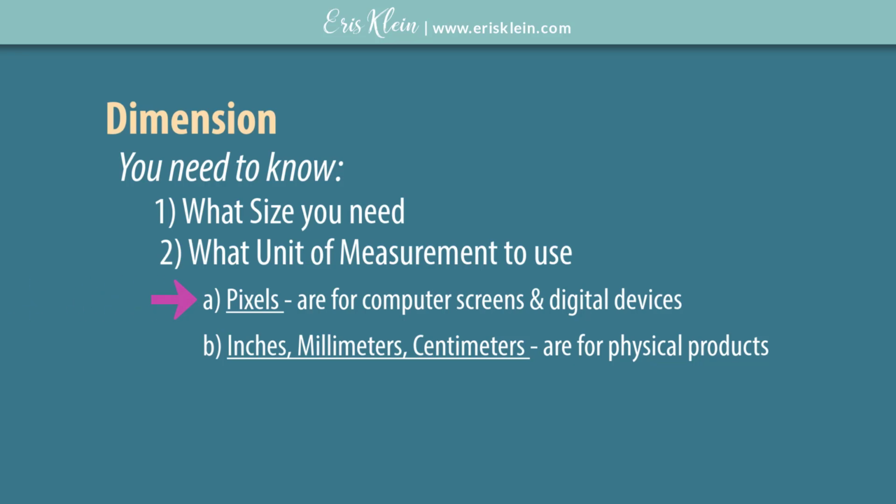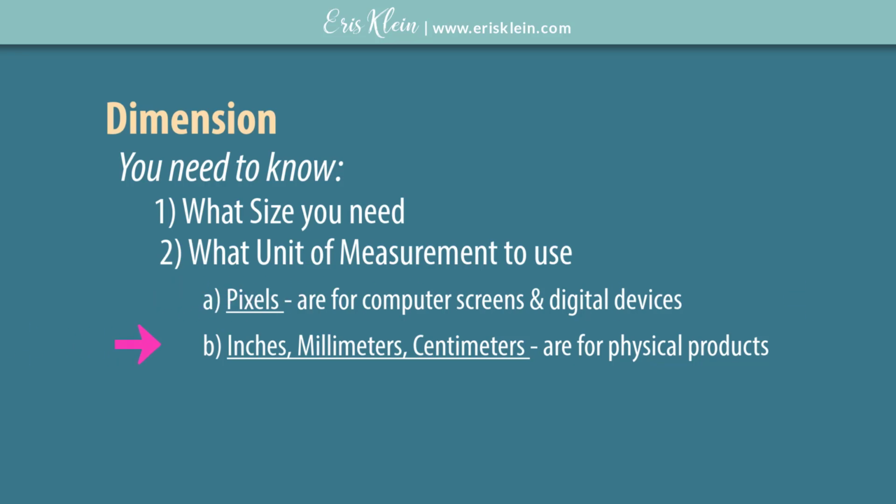Pixels are native to digital screens. They use pixels to compose everything that you see, and that's the unit of measurement. A pixel is really, really tiny. And that is how you're going to measure things that you're going to use for the web or social media or anything that is seen on a computer screen or a mobile device.